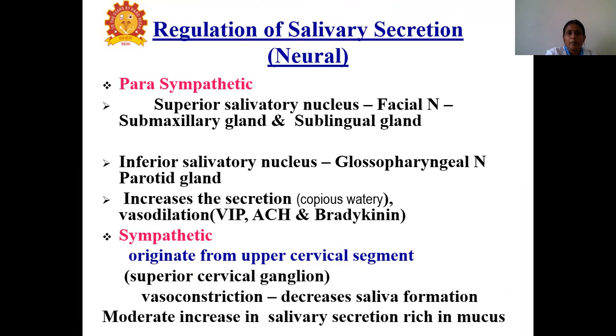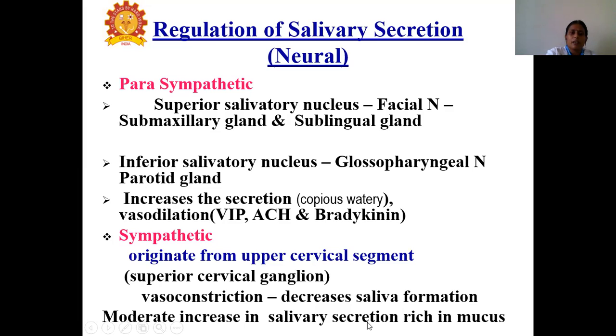Next is the regulation of salivary secretion. There are two regulations, neural regulation and reflex regulation. Neural regulation, as we discussed earlier, is mainly by way of parasympathetic and sympathetic nerves.